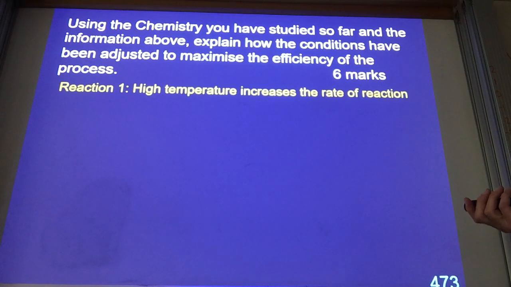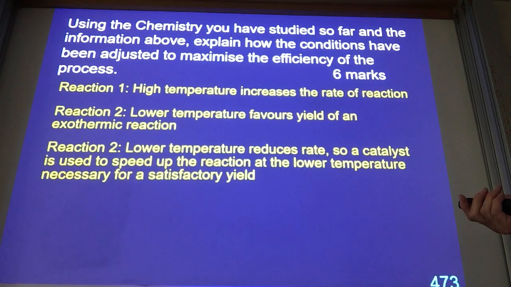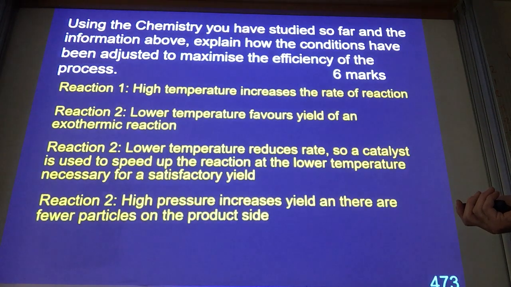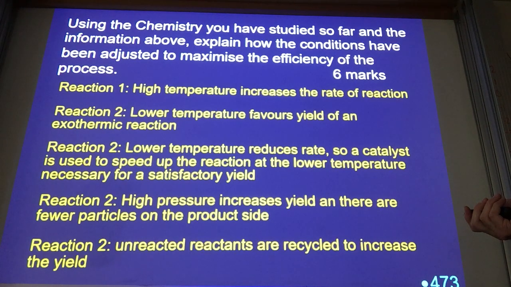Reaction 2, you've got the low temperature favouring the yield, the high temperature favouring the rate, so we use a catalyst to overcome that conflict. Reaction 2, we've got the pressure, in fact a high pressure because of fewer particles on the product side, and we recycle the unreacted reactants to increase the yield.